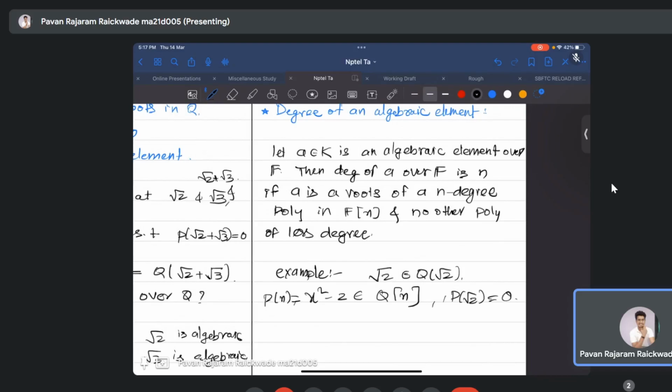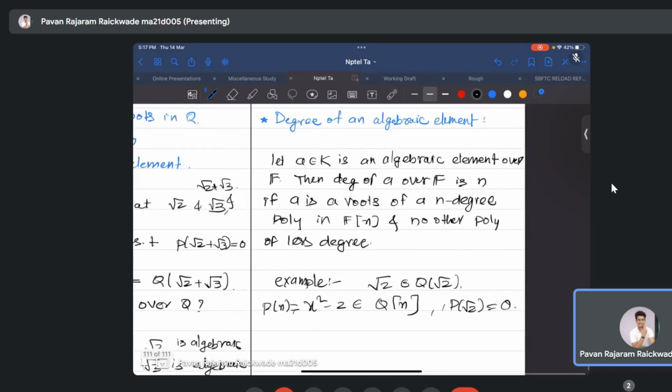So this is a degree 2 polynomial where root 2 is a root. But do you get any degree 1 polynomial where root 2 is a root? No, because a degree 1 polynomial has to be x plus a.